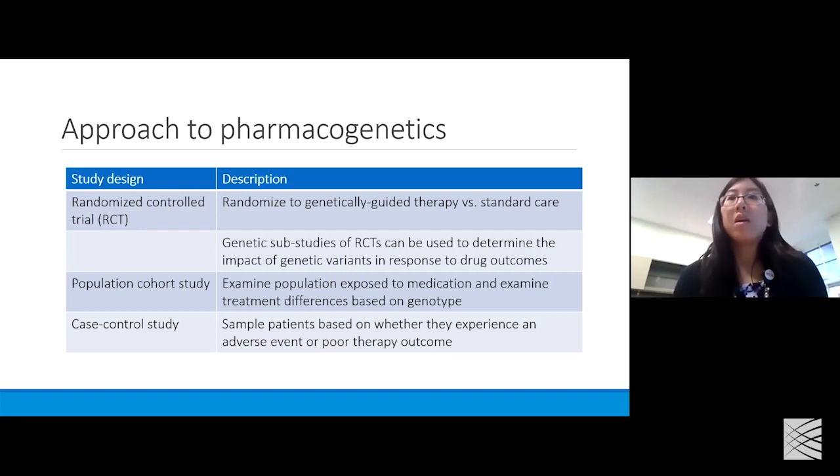We can also use population cohort studies to sample a population that might have been exposed to a given medication of interest and examine differences based on genotype. And finally, we can sample patients based on whether they experience an adverse event or have a poor treatment outcome, and look at the genetic predictors in the cases versus the controls.